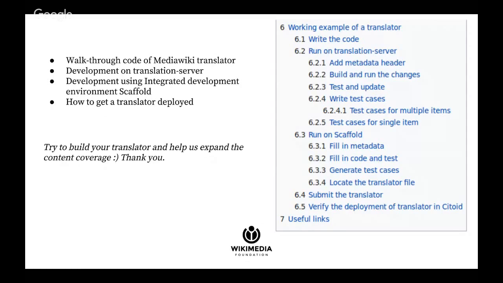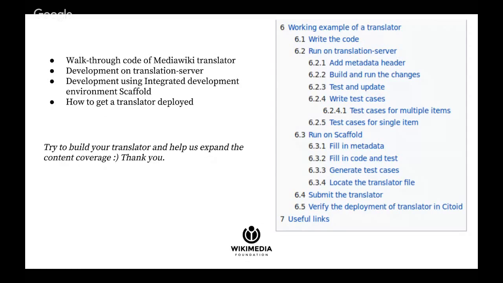So the documentation for the first time has how to test and write and check the code on the translation server. Further, we have how these translators can be deployed and how to get them merged first in the Zotero community and then in the Wikimedia mirror of Zotero.